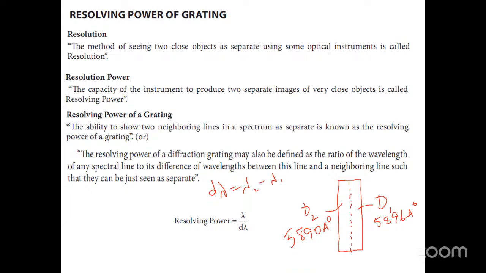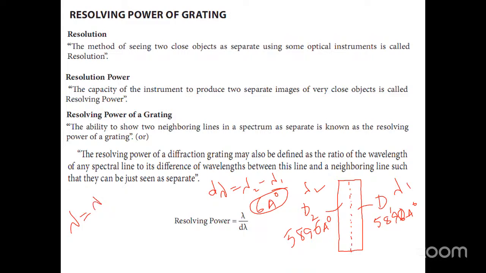Lambda 2 minus lambda 1, that is 5896 minus 5890, which gives only 6 angstroms. So d lambda is 6 angstroms for the sodium lamp, yellow light. But what is lambda?